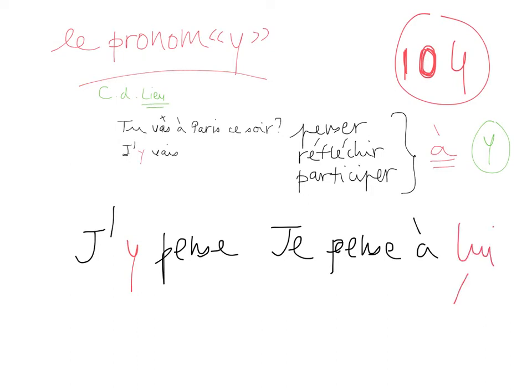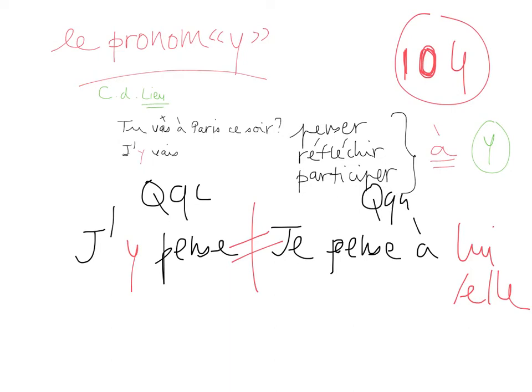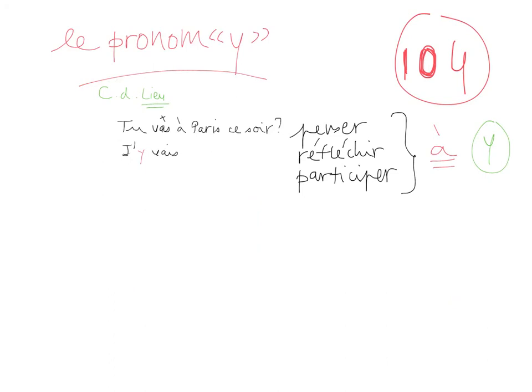Je pense à lui. Je pense à elle. Okay? This is different. This is quelque chose. Right? And this is someone. And this is different. I'm going to show you another example.